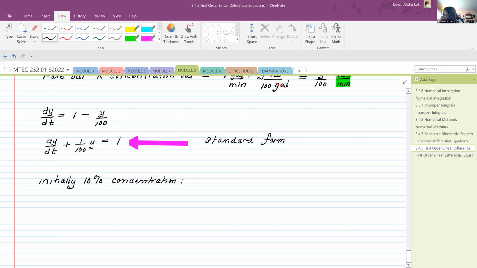Remember the concentration is equal to the number of pounds of salt divided by the total amount of fluid, or the total mixture amount. And they're telling me that is 10%.